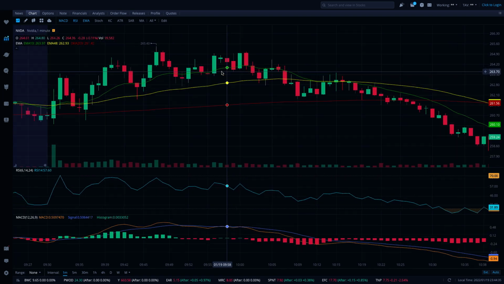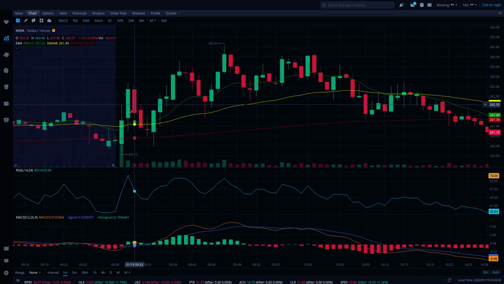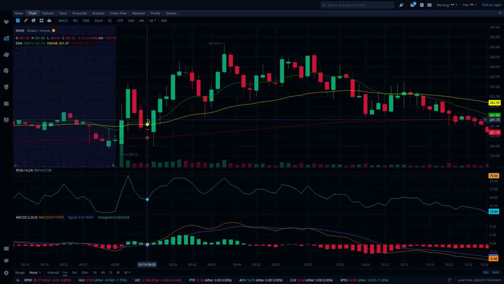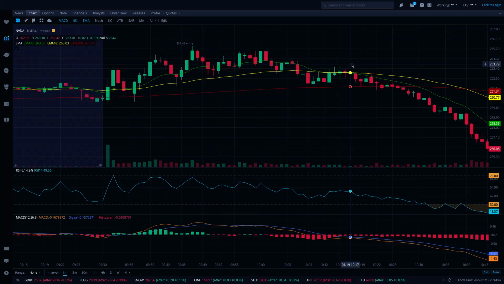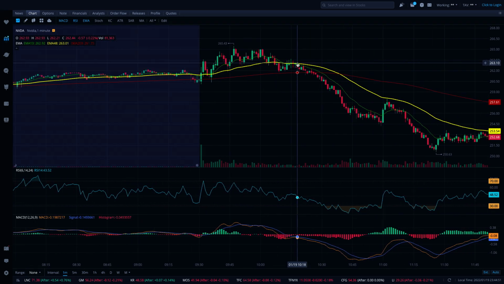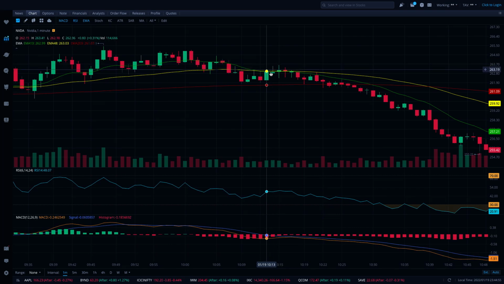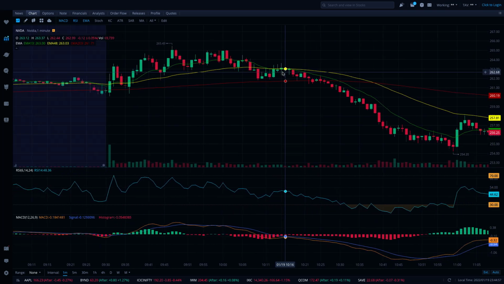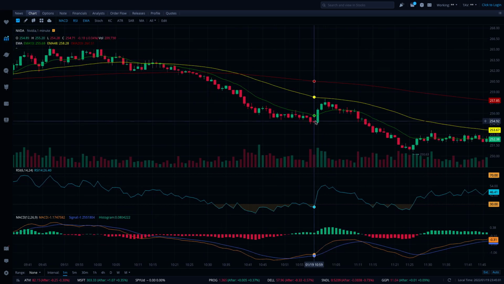So this is why a 15% stop loss is absolutely critical, because if you entered on this trade and for whatever reason it worked against you, you stop yourself out, and then you take the trade to the downside. And this trade to the downside is what was going to make you money. You open an at the money put on this crossover, and you ride this bad boy from 263 to 254.